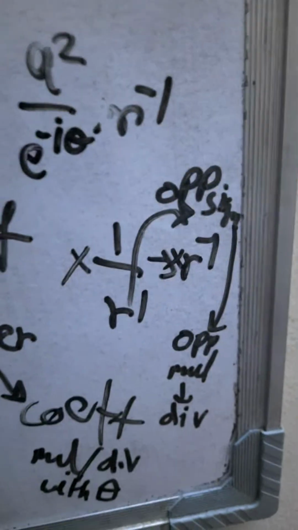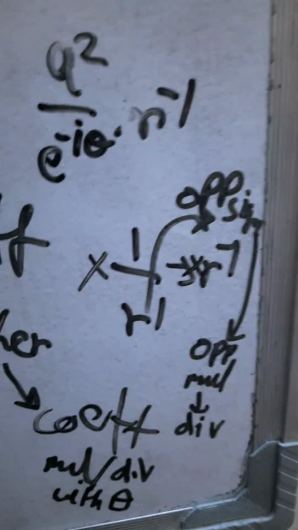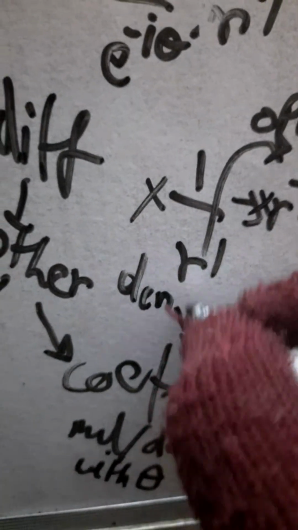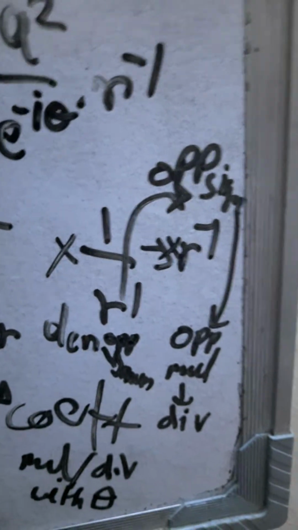I just brought this denominator into the numerator, so now I can balance that by putting the opposite sign in the raised-to.